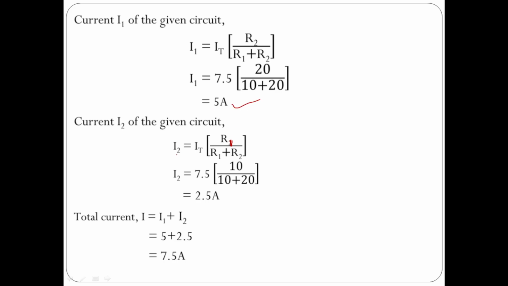Similarly, I2 current is I total into R1 divided by R1 plus R2. You can write R2 plus R1 or R1 plus R2, you are simply adding those two values, so it doesn't matter.